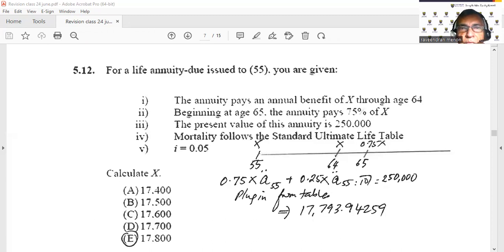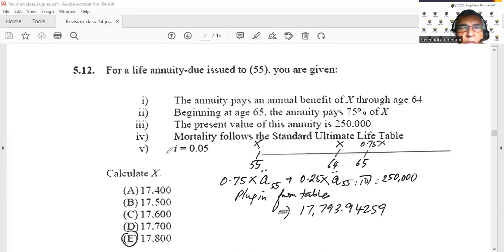Beginning at age 65, the annuity pays 75% of X. The present value of this annuity is 250,000. Mortality is as per the standard ultimate life table, and the interest rate is 5%. We are asked to calculate X.